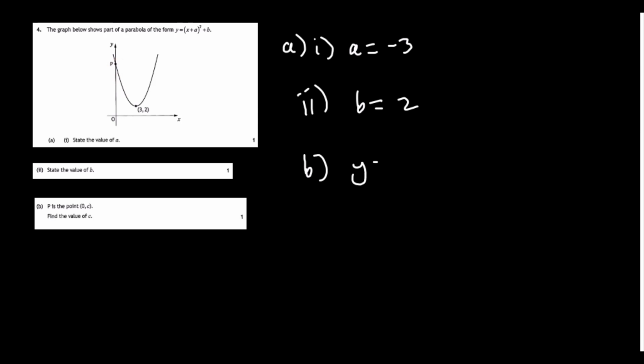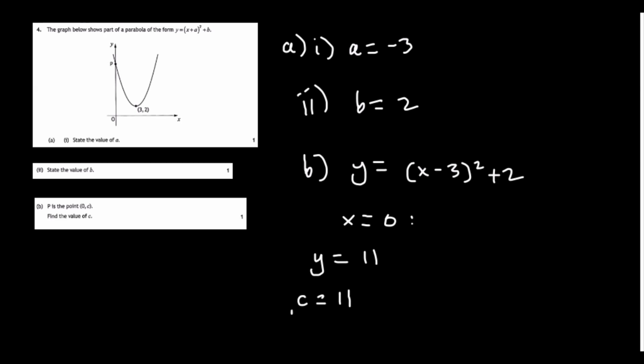So the equation at this point is y equals (x minus 3) squared plus 2, if we plug in the values of a and b, and then we just put x equals 0, and that gives y equals (minus 3) all squared plus 2. So minus 3 squared is just 9, minus 3 times minus 3. So it would be 9 plus 2, which is 11. So c equals 11.